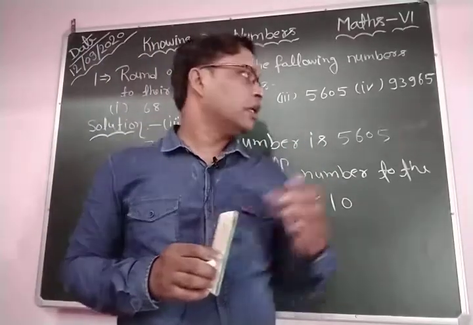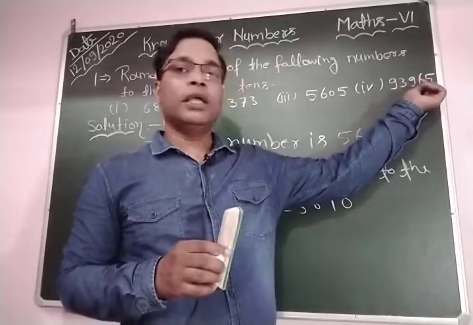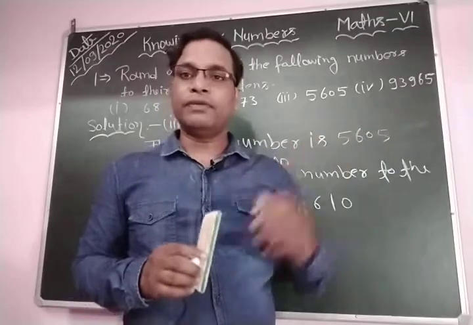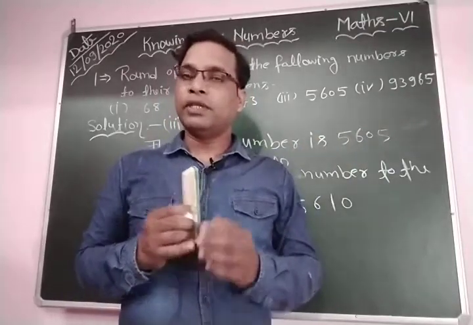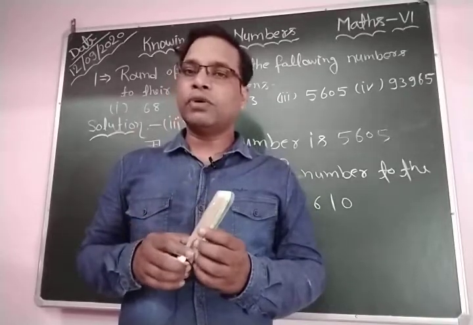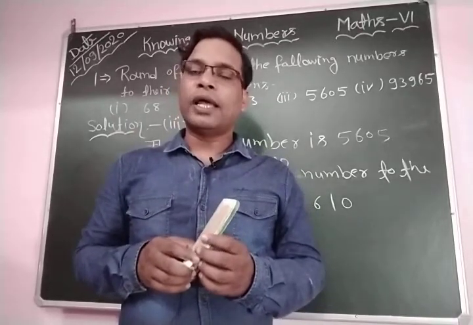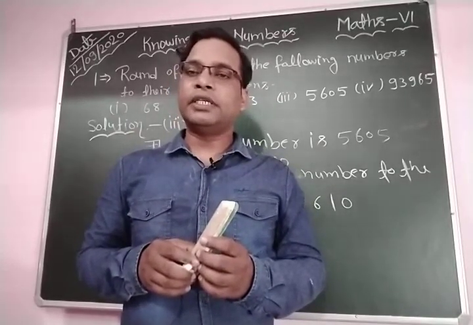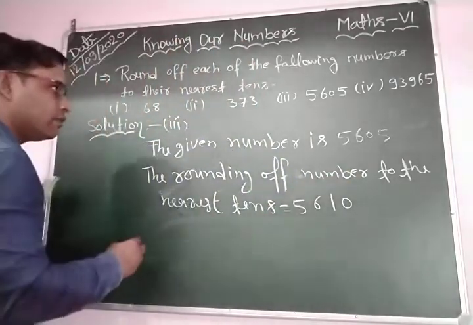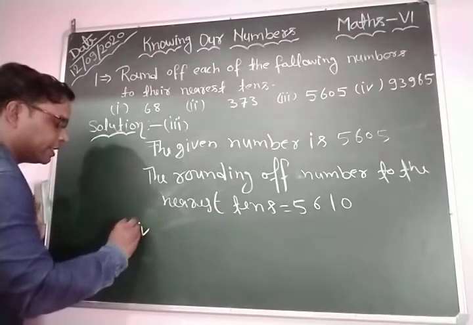For the tens place, we check the ones place digit. So here you can see the ones place digit is 5. When the ones place digit is 5, then we replace the ones place digit by 0 and increase the tens digit by 1.